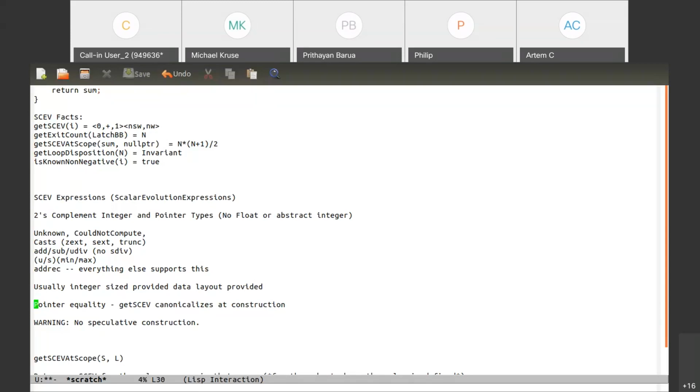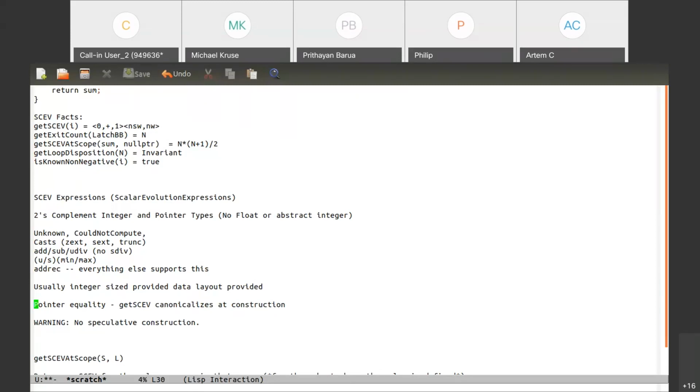Now, the pointer equal here is a bit of a subtlety, because there's no guarantee that we will prove two values equivalent if they are in fact equivalent. The only guarantee is that if the two SCEVs are pointer equal, then the expressions defined by the values are equivalent.